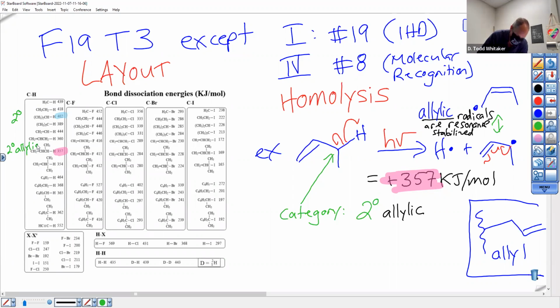All right. Now, I've got another question. What about this? So say I had this guy right here, and it was doing this. And it's reacting with H dot. Isn't this the opposite? They're hooking up.